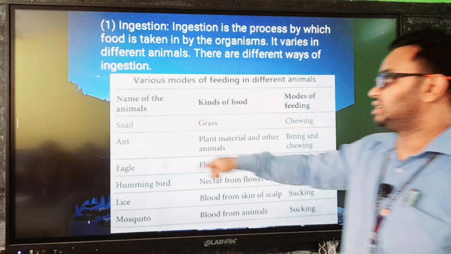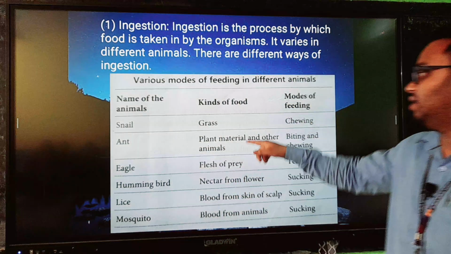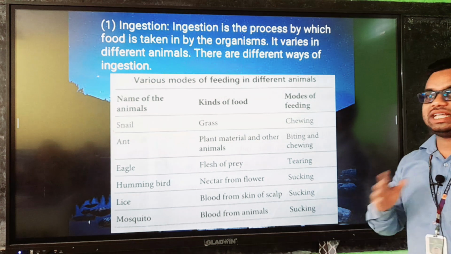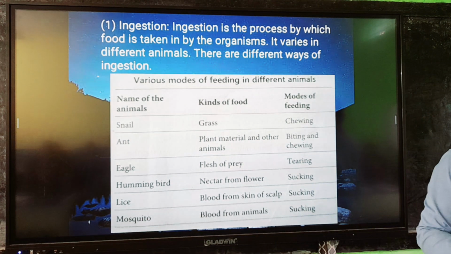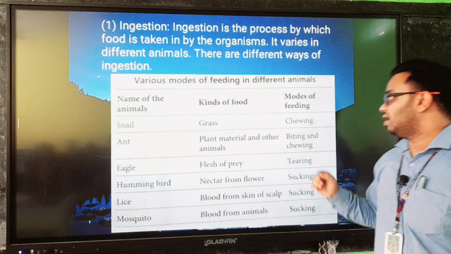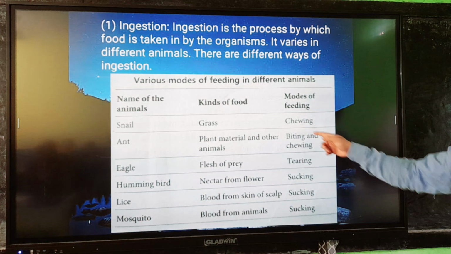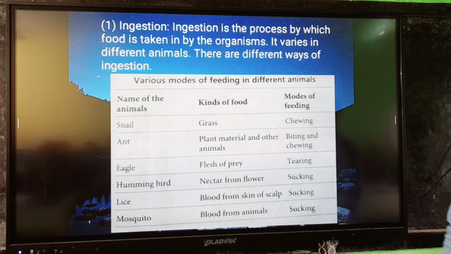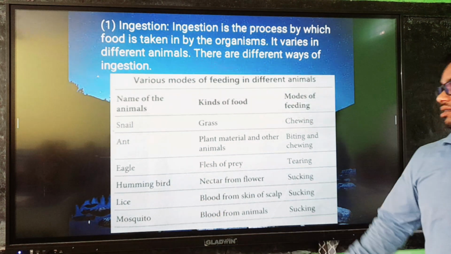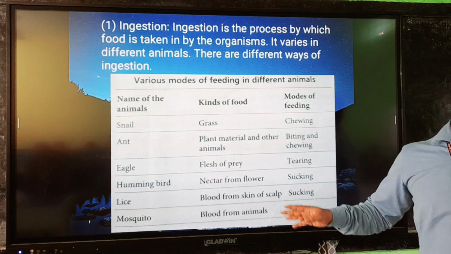You see, snail. Snail eats which one? Grass. You have seen snail or not? In any season you can see snail, and that snail eats grass, by chewing the food. Then ant. Ant lives in colony.